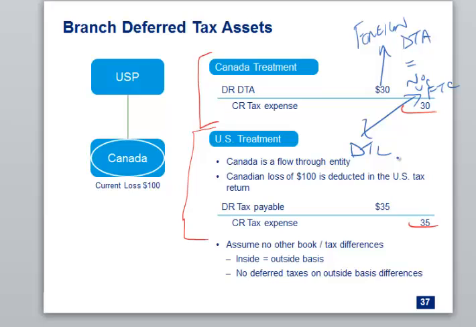Because if we didn't have that foreign deferred asset, we would get a foreign tax credit, pay an incremental 5, it'd be no problem, but we're missing it. The foreign DTA is causing us a US tax problem, and that's a DTL. And that will be true of every foreign DTA or DTL.